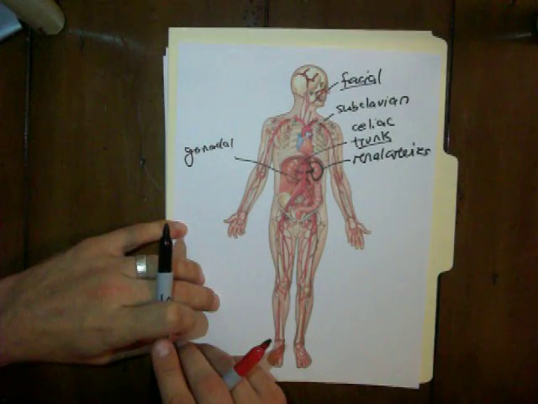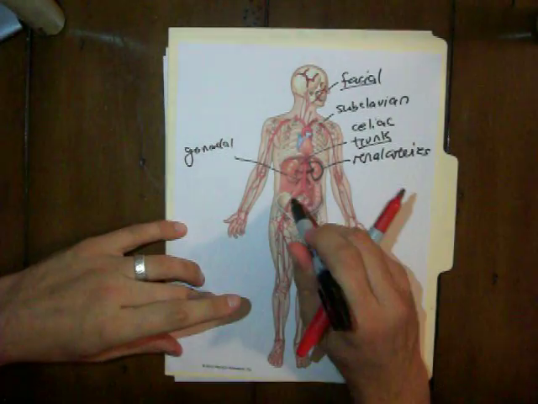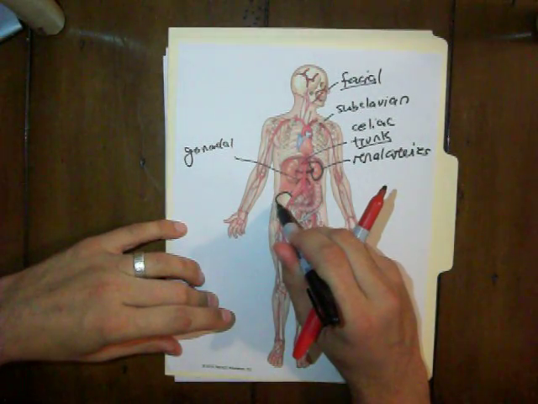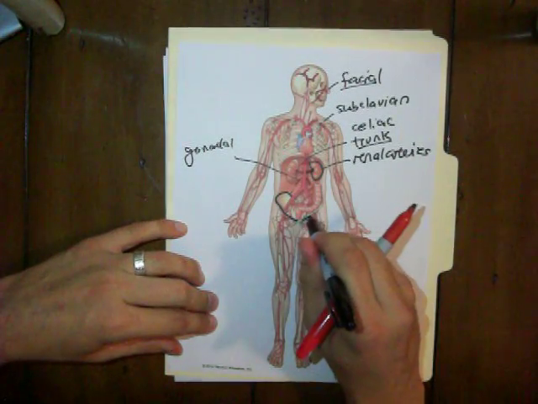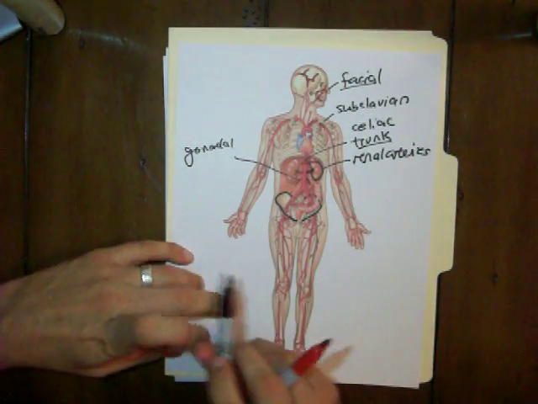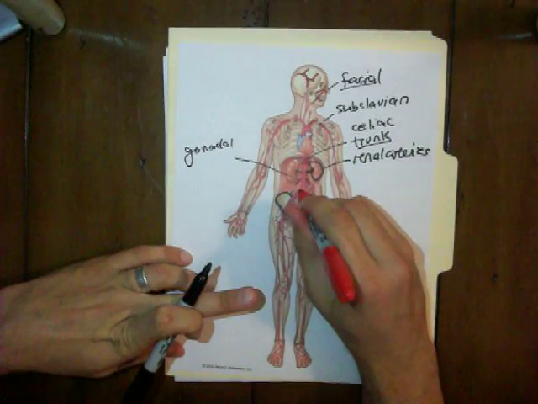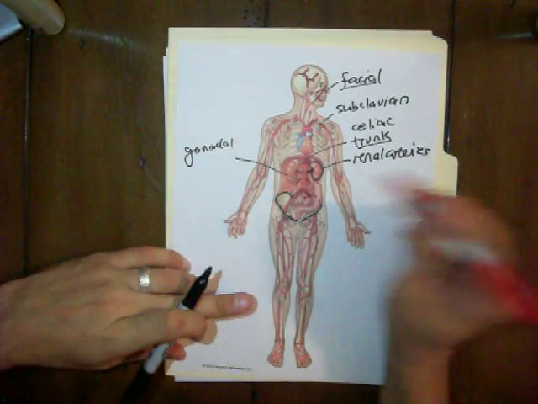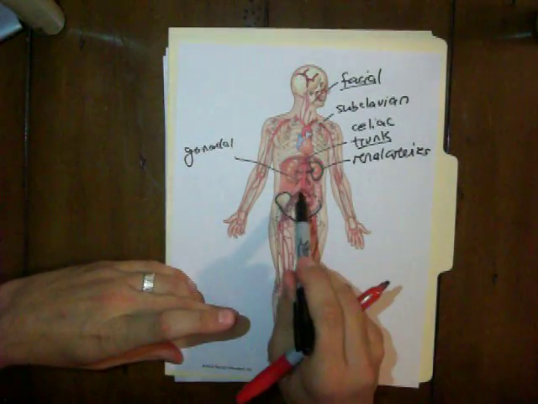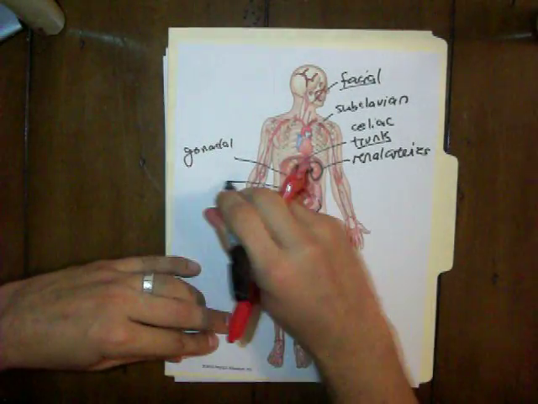Now the next big structure we can see is the ilium, the iliac crest here. And in fact, this branch is named after the ilium, as you expected. So here and here, these are our iliac arteries.